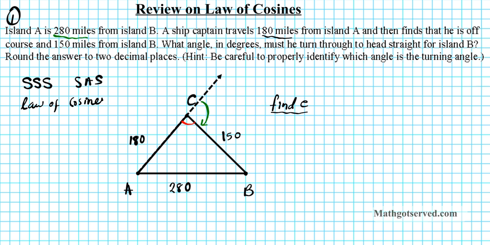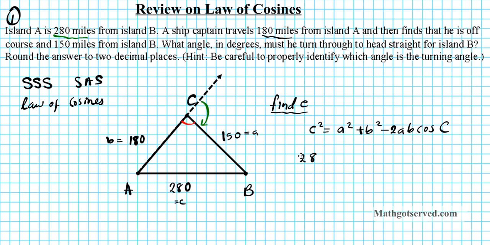All right. Now the law of cosines formula that I'm going to use here is the one with the big C in it. So we're going to use the formula c squared is equal to, let's call this a, opposite uppercase A. Let's call this b, opposite uppercase B, and let's call this c. So the formula is going to be c squared equals a squared plus b squared minus 2ab cosine C. Now let's put in the measures.